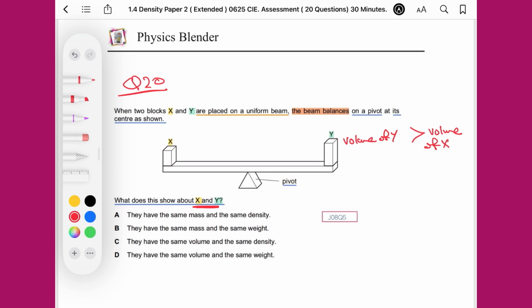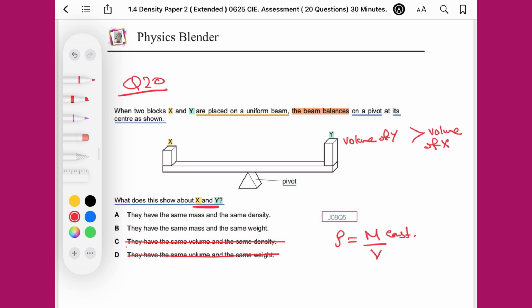So you have to exclude C and D because they do not have the same volume. Do they have the same volume? No. Okay? So here you are comparing density, which is equal to mass divided by volume. Mass is constant. Volume of Y is greater than volume of X, but we have no idea about density.